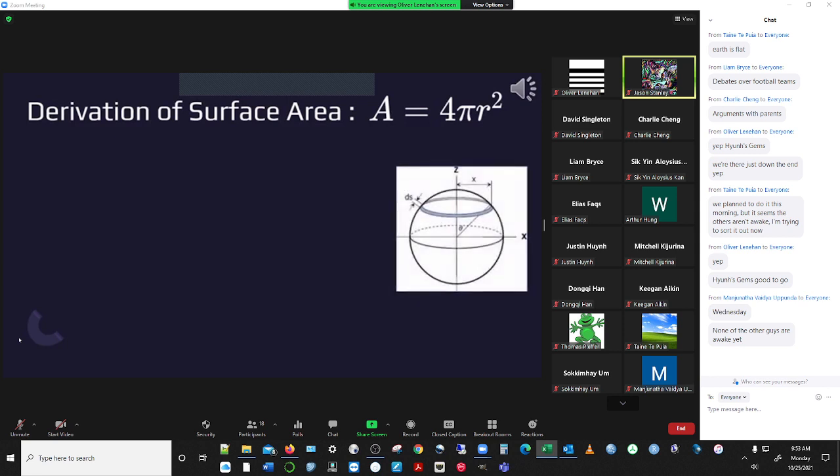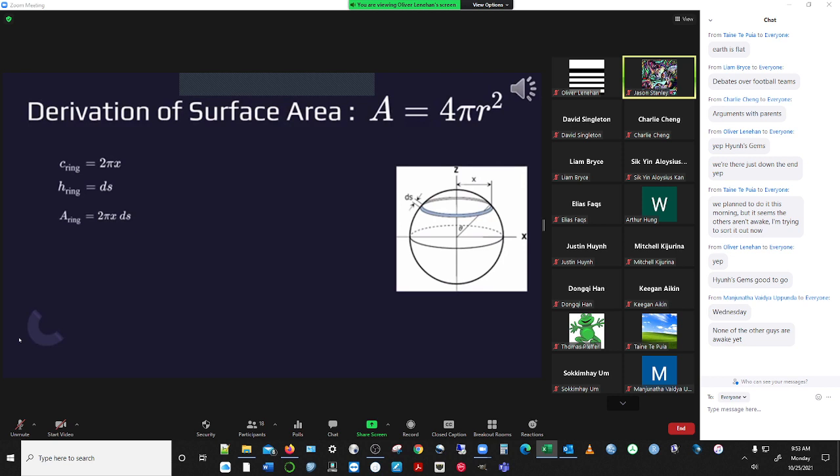Like volume, we can find surface area by imagining the surface of the sphere being made up of many rings of different diameters stacked on top of each other. We can see that the circumference of each ring is given by 2 pi x. The height is given by ds, and so the surface area of each individual ring is given by 2 pi x ds.